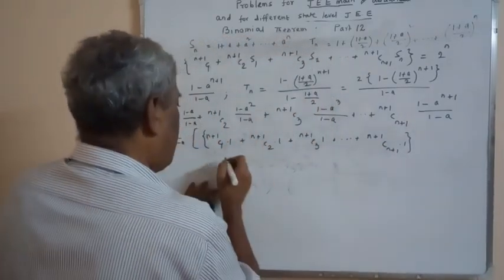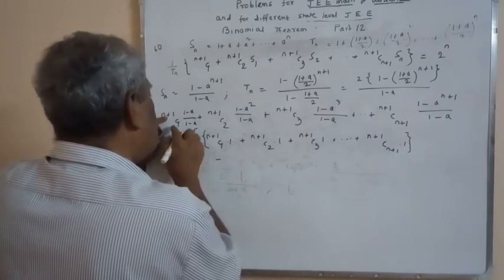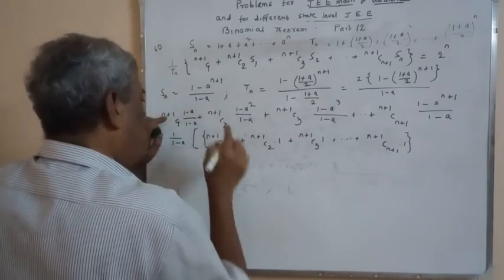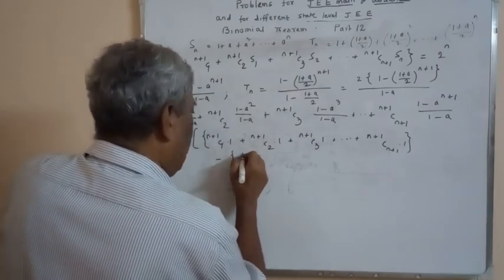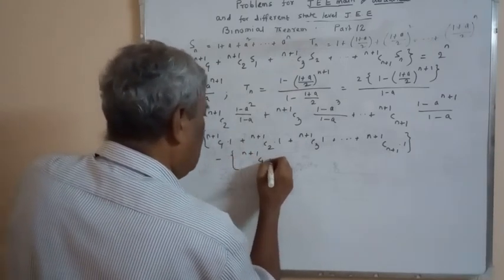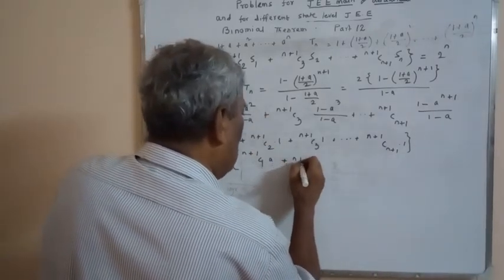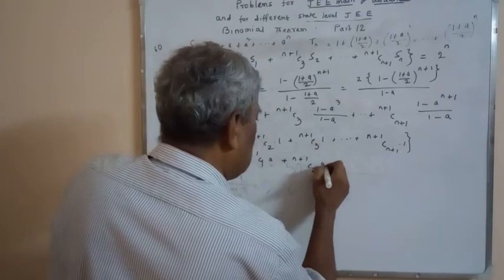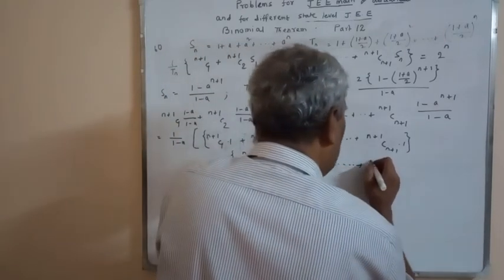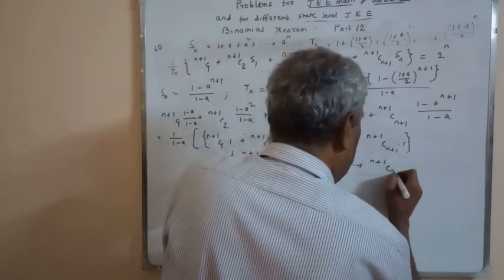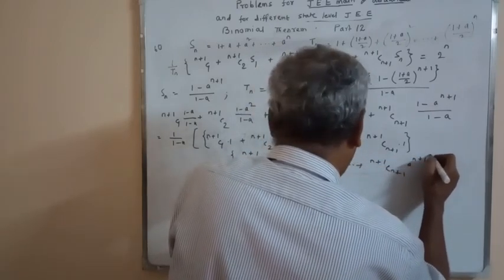Minus n plus 1 c1 into a, with negative sign. Negative sign is taken here. So n plus 1 c1 into a, here n plus 1 c2 a square, up to n plus 1 cn plus 1 a to the power n plus 1.